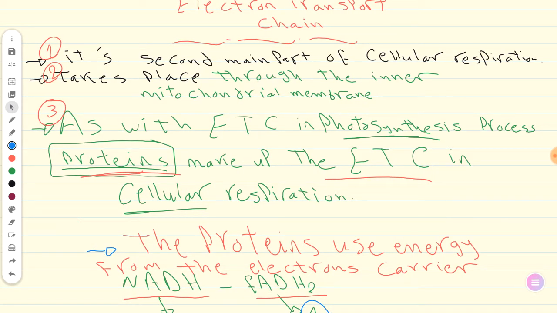occurs during photosynthesis process. So as with electron transport chain in photosynthesis process, you must know that the protein channels inside the structure of membranes, whether it is the mitochondrial membrane in case of cellular respiration, or thylakoid membrane in case of photosynthesis process, both of them proteins make up the electron transport chain.